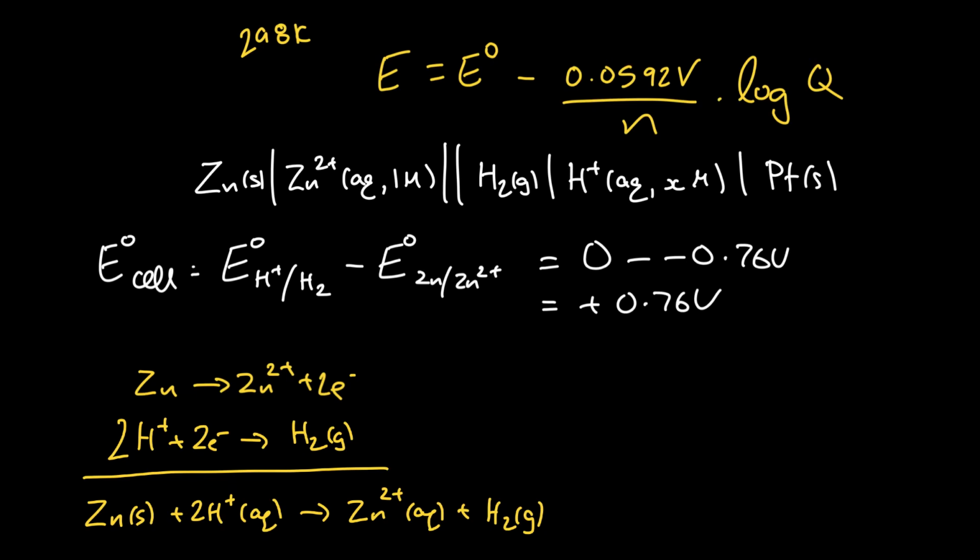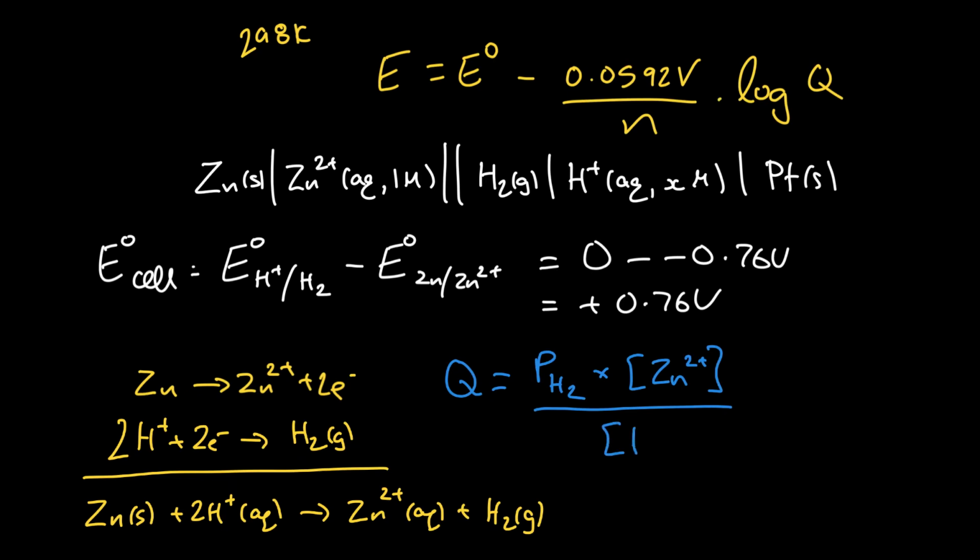All right, so what do we got here? So the reaction quotient Q is the products over reactants. So I've got hydrogen gas on the right, so it's going to be the pressure of hydrogen. I've got zinc ions on the right, so it's going to be the concentration of zinc. So this is the thermodynamic reaction quotient, where we use pressures for gases and concentrations for solutes. On the left, I've got zinc, so it's a solid, so it doesn't enter.